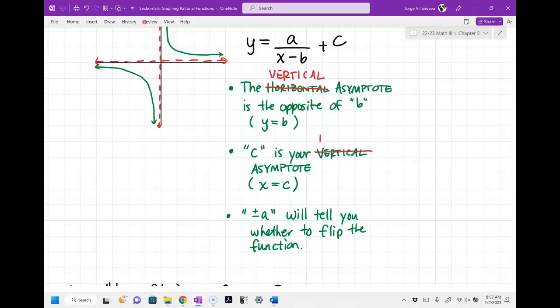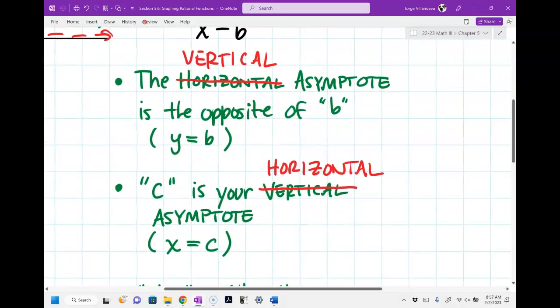This one is horizontal. The vertical asymptote is based on your denominator. The horizontal one is based on the C value on the outside, because the C value makes you go up and down. So that's horizontal lines. I apologize for that.